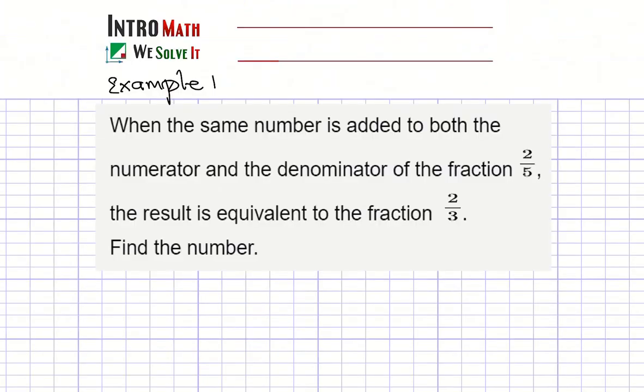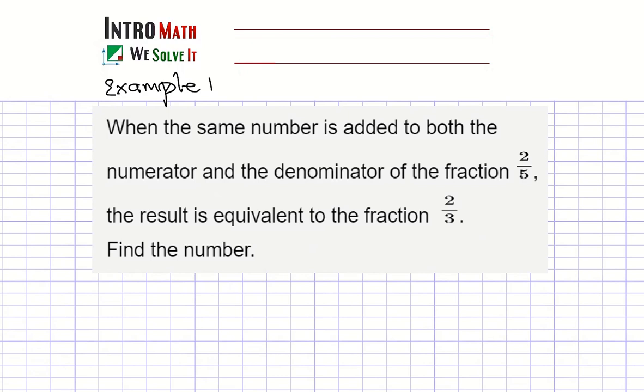I'm going to show you a couple of examples of the nature of the problems we're going to be dealing with. Here is the first example. This is example 1. It says, when the same number is added to both the numerator and the denominator of the fraction 2/5, the result is equivalent to the fraction 2/3.